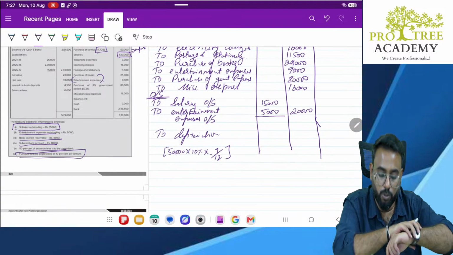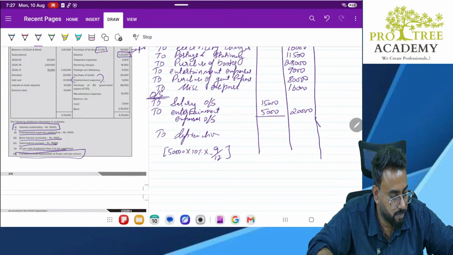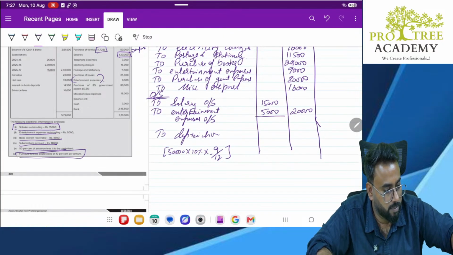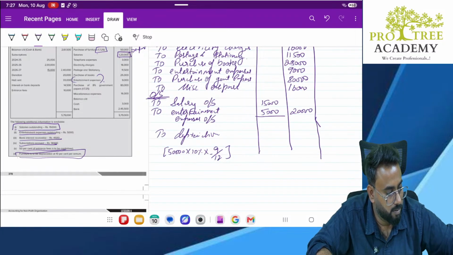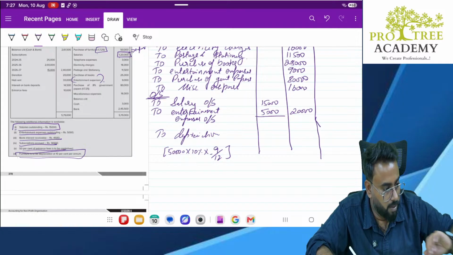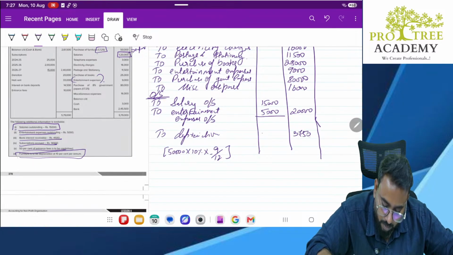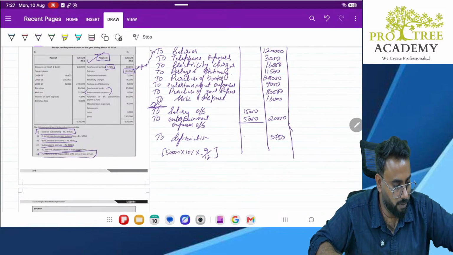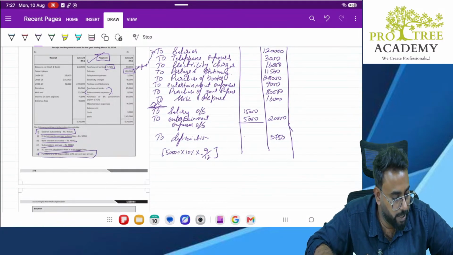So 50,000 into 10% is 5,000. 5,000 into 9 by 12. So it will be 3,750. Okay. That completes our expenditure side.